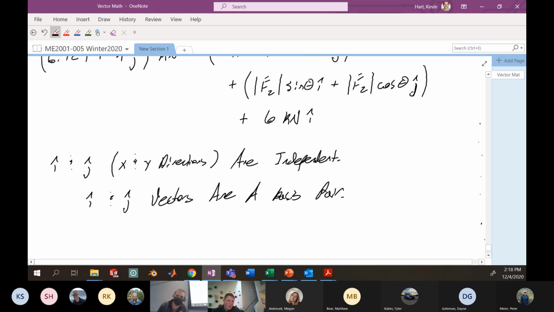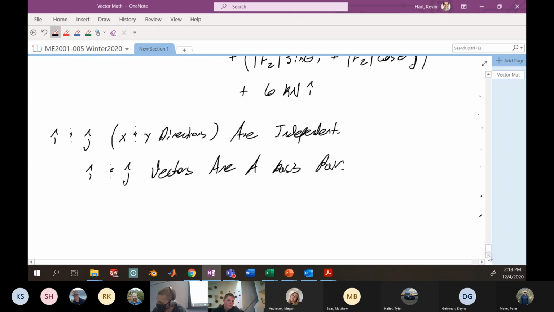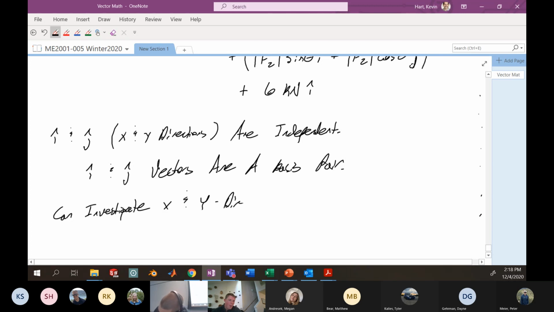What that means is we can investigate things happening in the x direction and things happening in the y direction independently. Okay, more on this later.